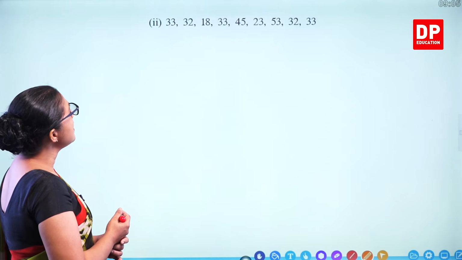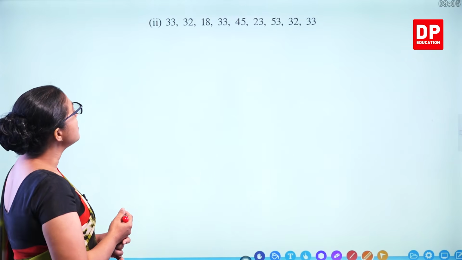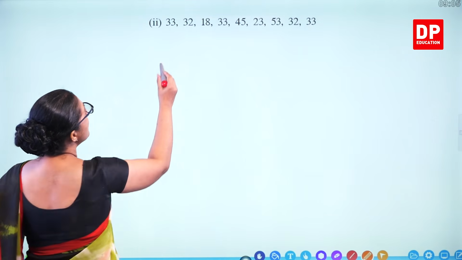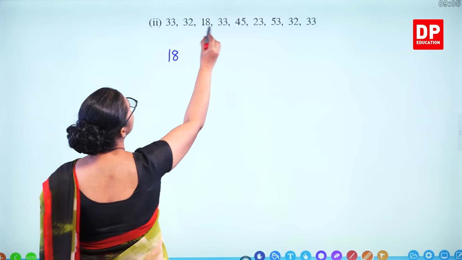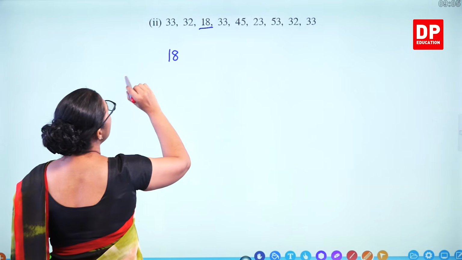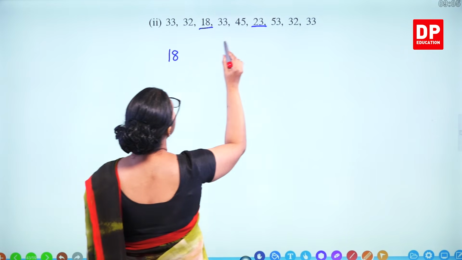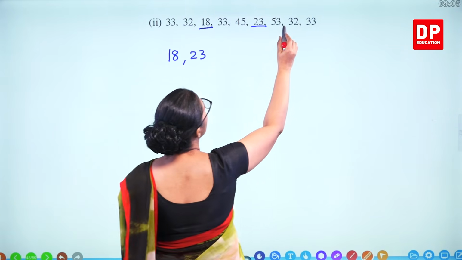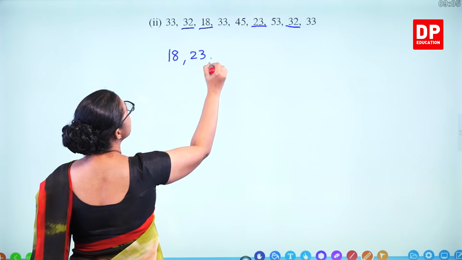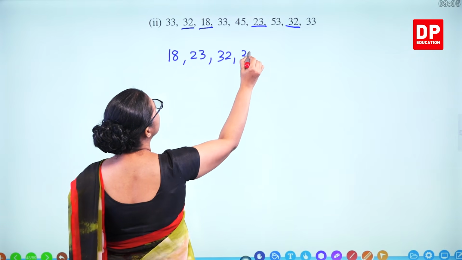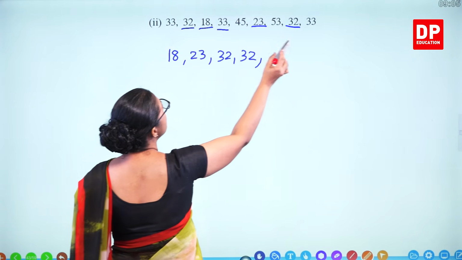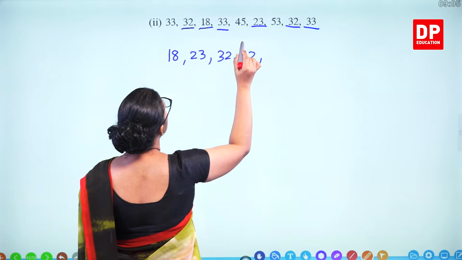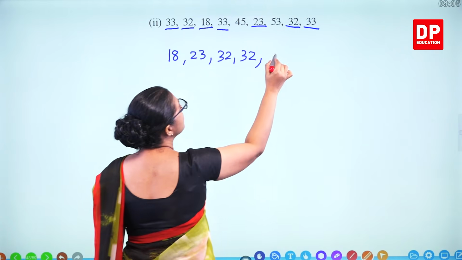Take this data set, arrange this in ascending order. Lowest is 18. Then you get 23. 32 twice. 33 twice, 3 times.